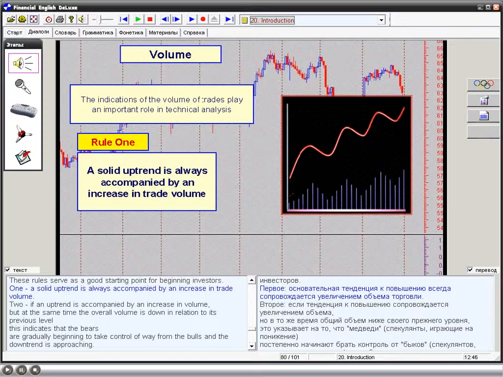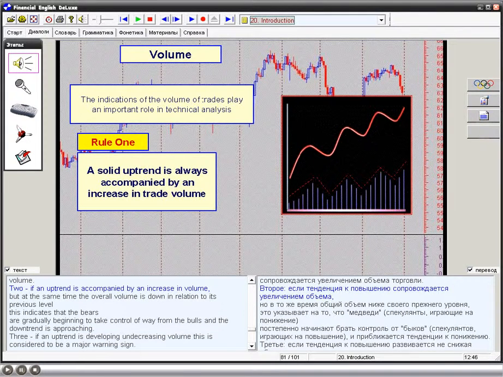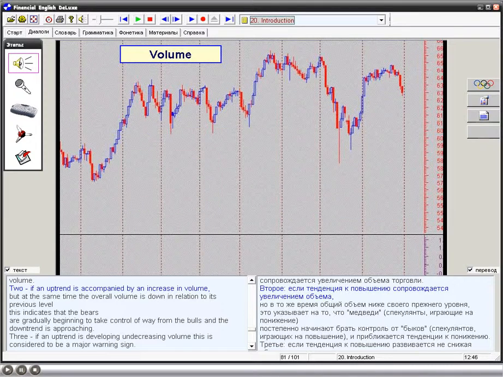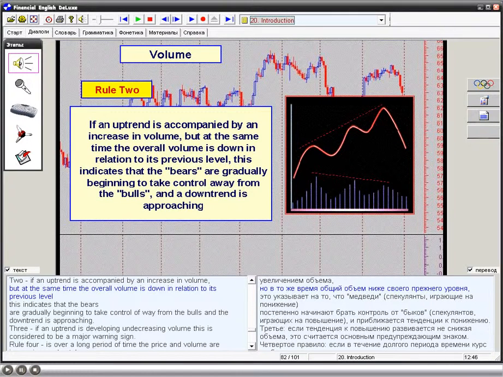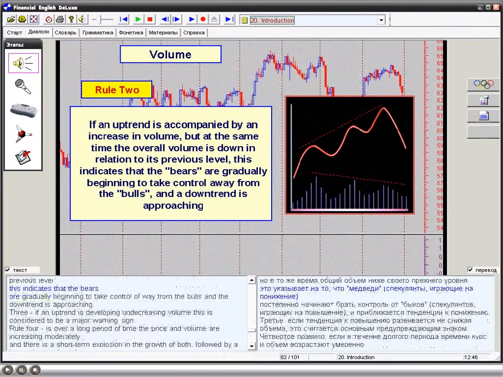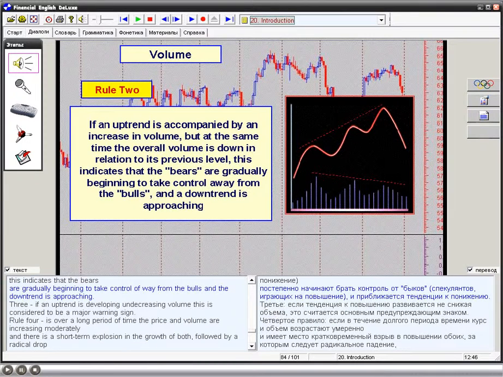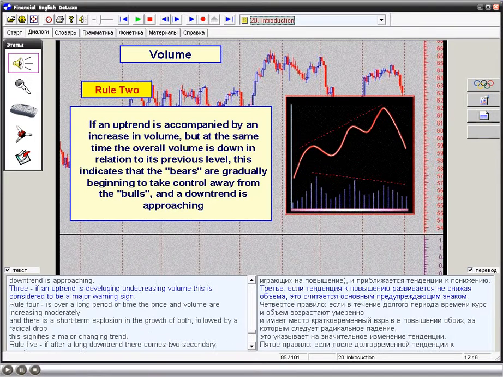A solid uptrend is always accompanied by an increase in trade volume. 2. If an uptrend is accompanied by an increase in volume, but at the same time the overall volume is down in relation to its previous level, this indicates that the bears are gradually beginning to take control away from the bulls, and a downtrend is approaching.